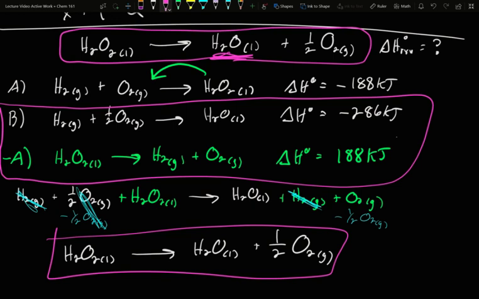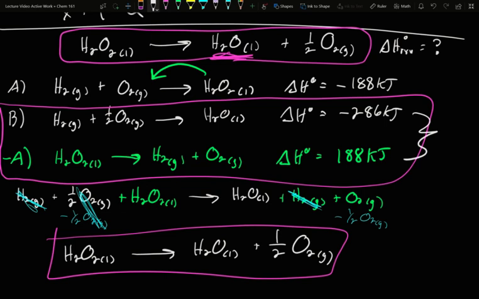We then simply have to sum up our energies. We flipped A, so the energy became flipped. We left B just how it was. So my goal now is simply to sum these two energies.